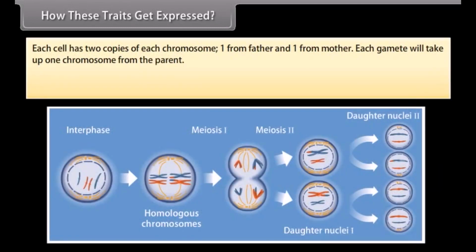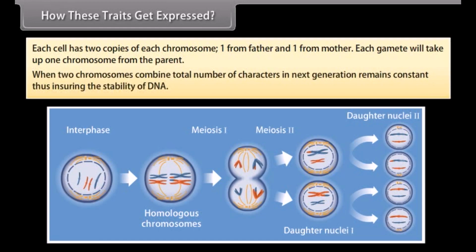Each cell has two copies of each chromosome, one from father and one from mother. Each gamete will take up one chromosome from the parent. When two chromosomes combine, the total number of characters in the next generation remains constant, thus ensuring the stability of DNA.